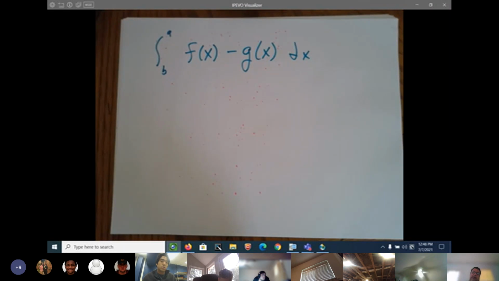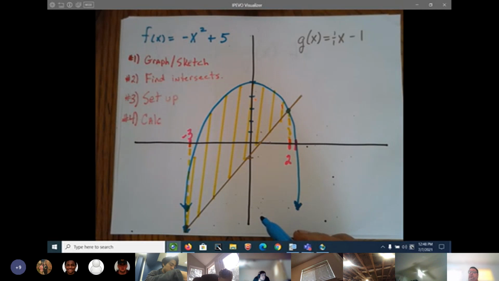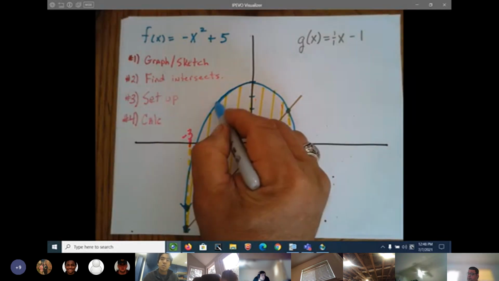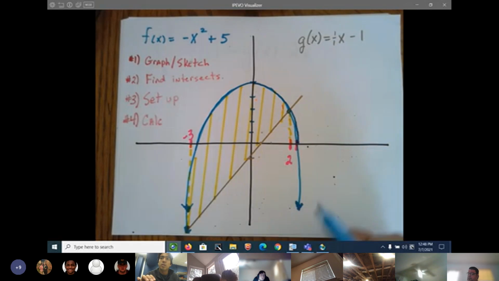You always want to take, and I always take, the larger one. How do I know the larger one? Which one gives you a bigger y value with the x value? Which one gives you the biggest y value for each x? X minus 1.